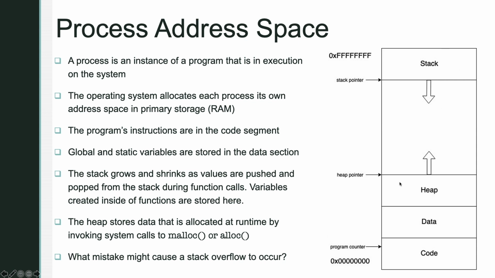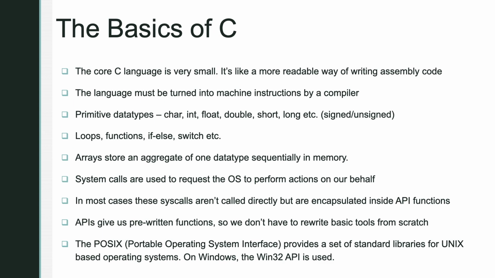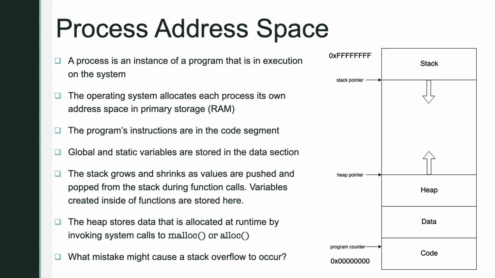The heap is used for dynamically allocated memory. So if, for instance, you're reading in some data into an array and you don't know how long the data is, and you might need to change the size at runtime, you can request through a call to the operating system for malloc that it will allocate you space on the heap.